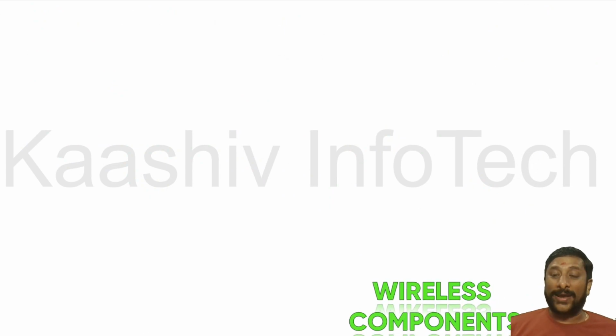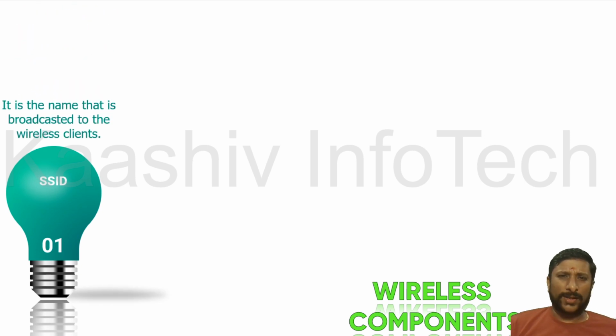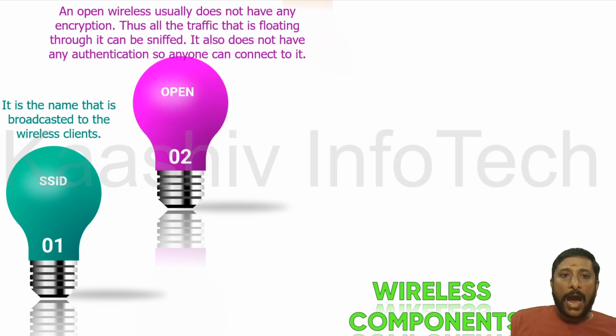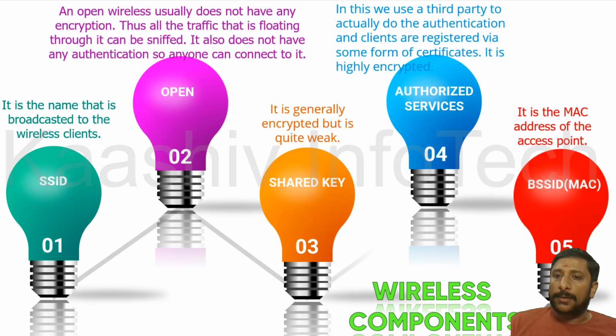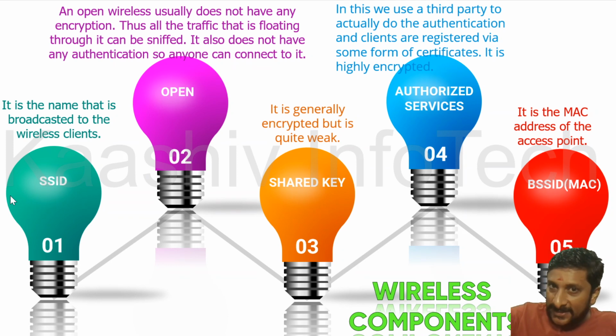Now we'll talk about the wireless components. When we talk about wireless, what are the things? I connected to the network. That is the SSID. And over here I got another one, BSSID. What is a BSSID? BSSID is the MAC address of the device. SSID is the connectivity, and BSSID is the device I need to connect to. In mobile you have your IMEI number, right?